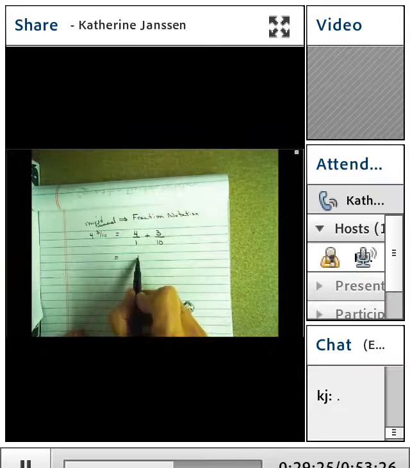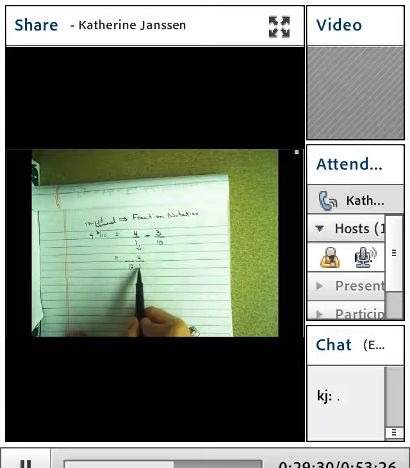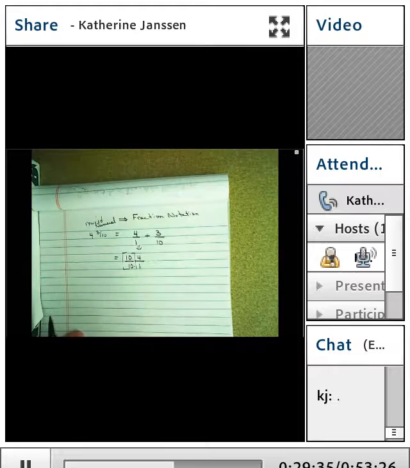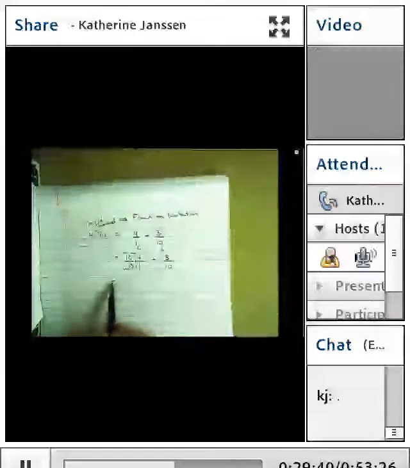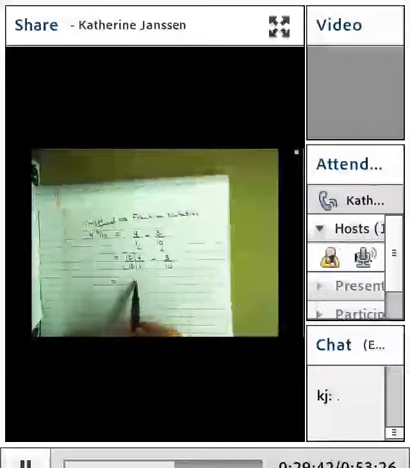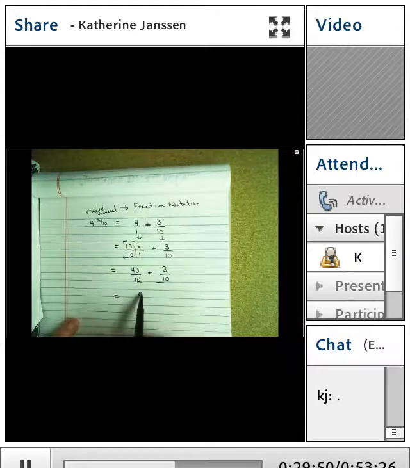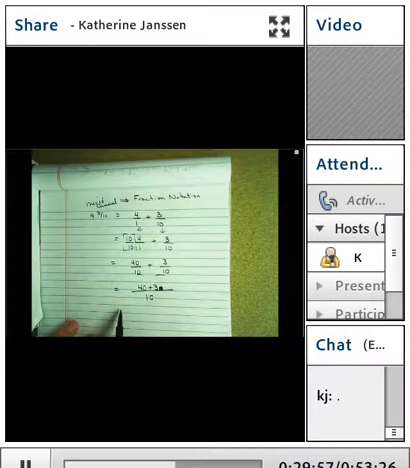So I'm going to convert 4 over 1 into tenths. 10 times 1 would be 10, so I'll need to multiply the numerator by 10 as another name for 1, plus 3/10 is already in tenths. 10 times 4 is 40. 10 times 1 is 10 plus 3/10. I have a common denominator, so I can add my numerators, 40 plus 3, all over the common denominator, and I get 43/10.